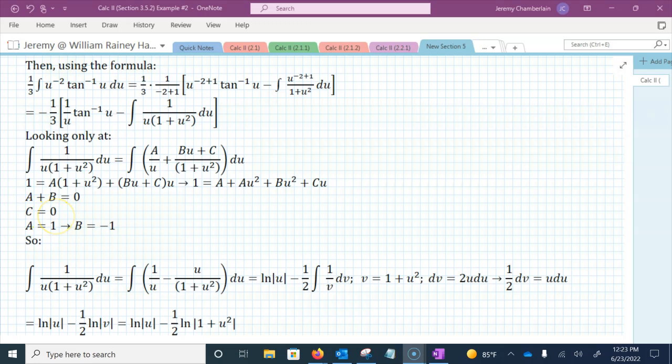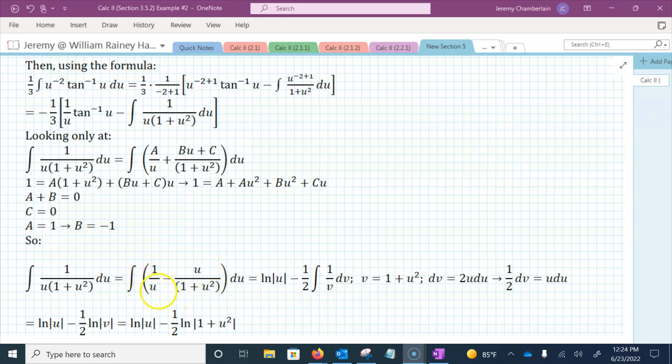Finally, A is the constant, and that A must be the 1 here, so A equals 1. Well, if A is 1, then A plus B equals 0 implies B is minus 1. C is 0, so there's no C term. B is minus 1 and A is 1, so we can rewrite this as 1 over u minus u over 1 plus u squared.